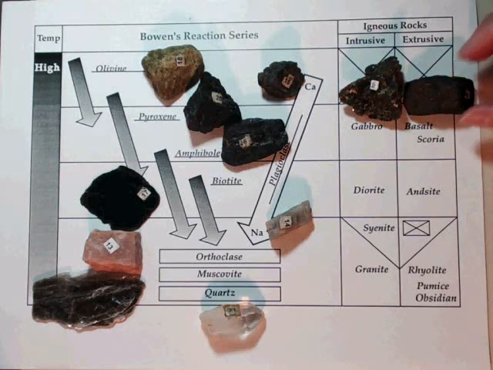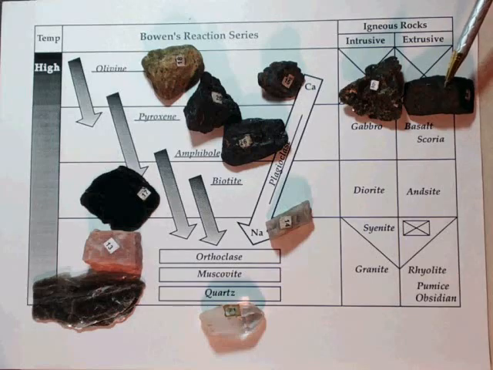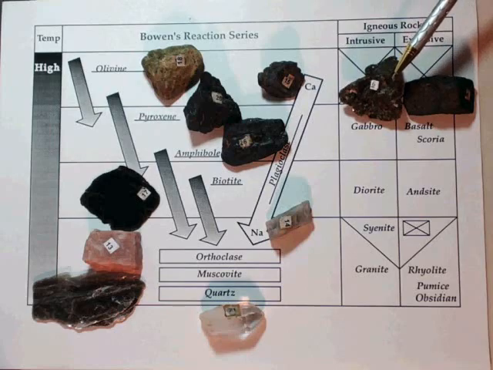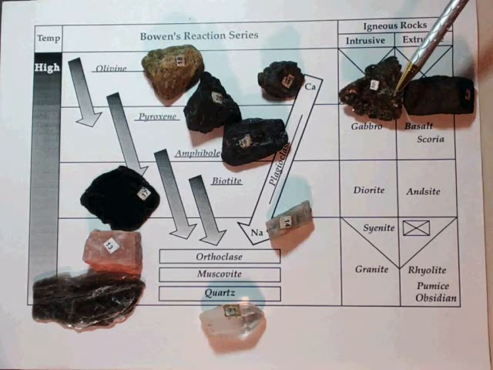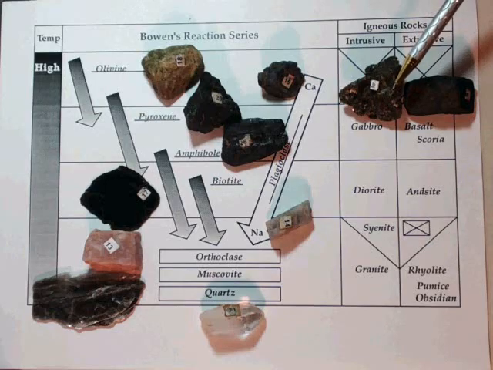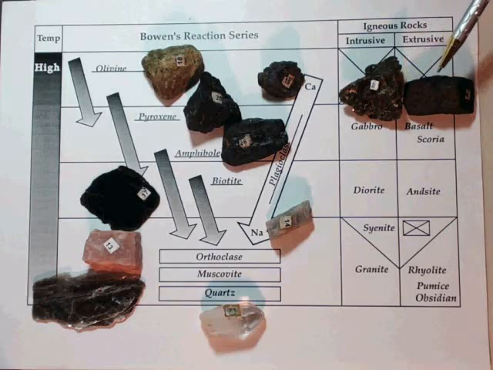But you would have a very hard time seeing the individual crystals in this one. These are much larger, a slower cooling rate, so you can pick out some of those individual mineral crystals in this sample, which we would call a gabbro. Same mineralogy, but very fine textured crystals, very fine grained.